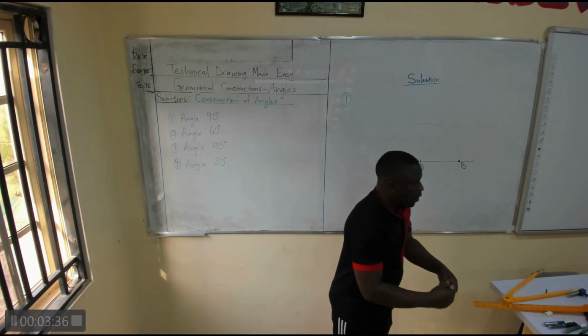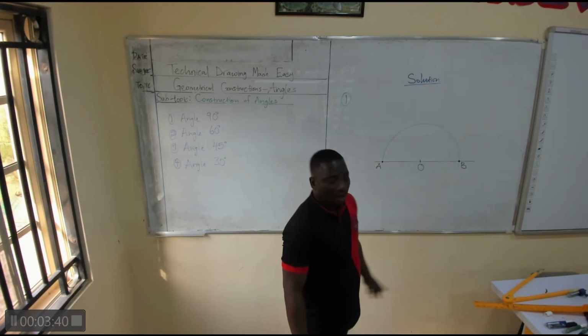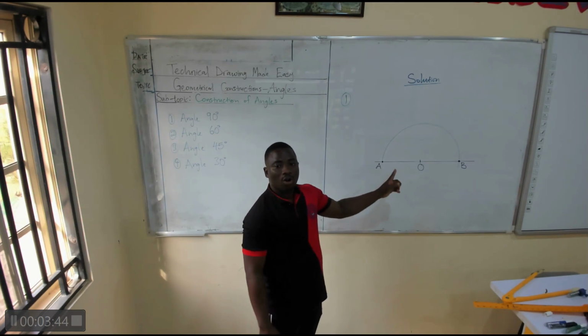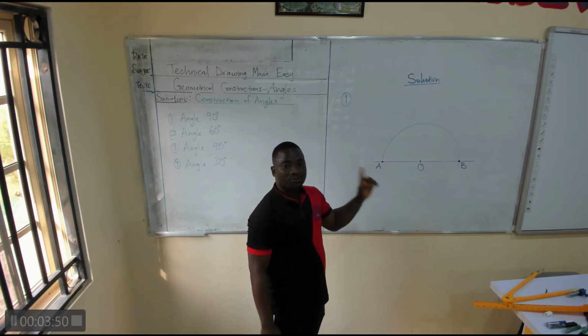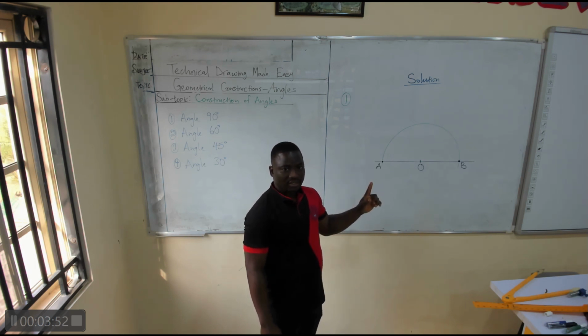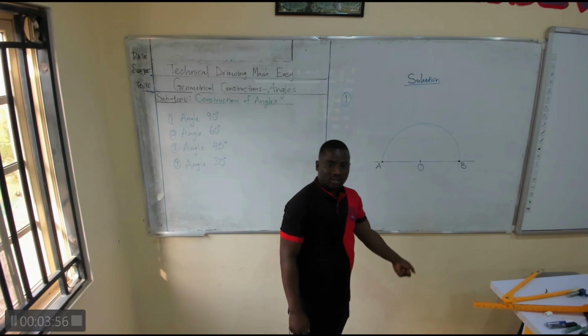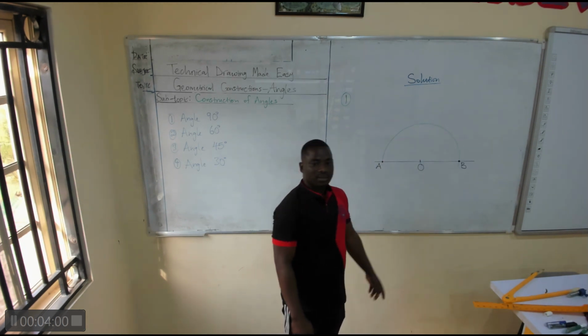Now, another question we need to answer is, what angle is formed on a straight line? That is 180 degrees. 180 degrees is formed on a straight line. Then what is the sum of internal angles in a semicircle?